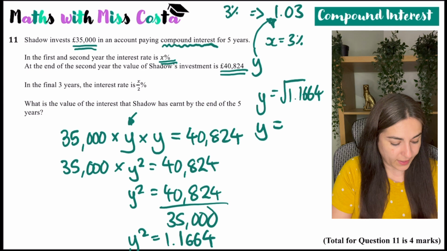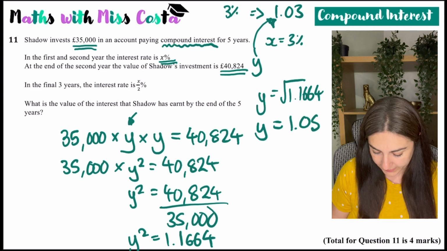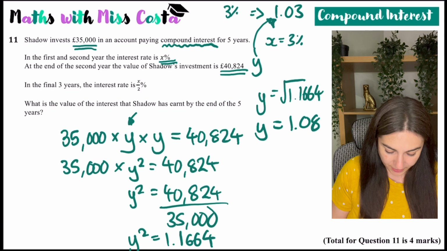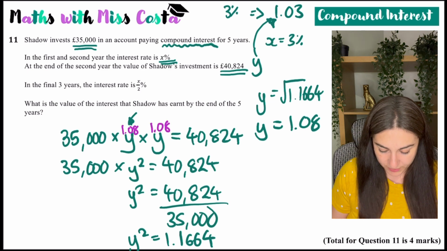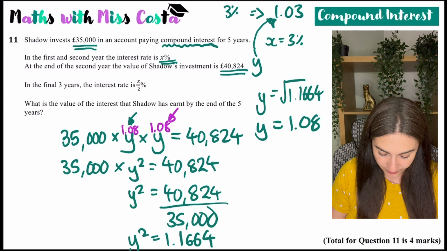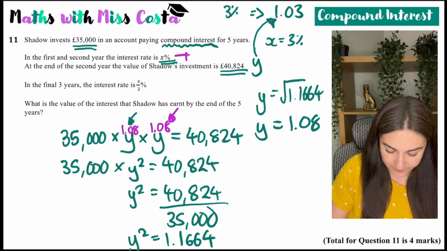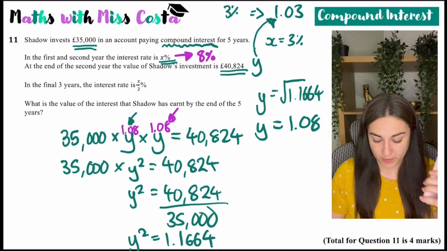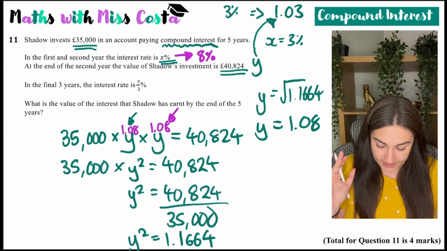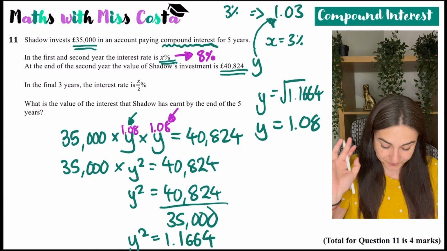And the square root of the answer is 1.08. So I know that my multiplier is 1.08, which must mean that the interest rate, X, is 8%. Okay, so that's why I didn't want to get confused between the multiplier and the interest rate. That's why I called it Y.